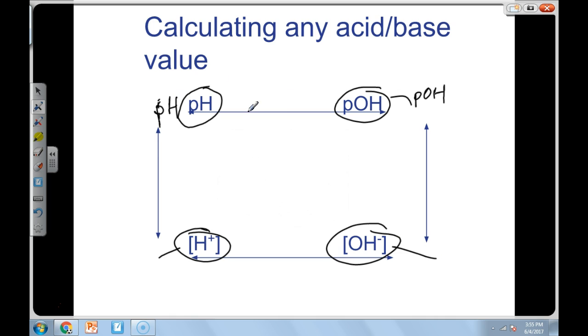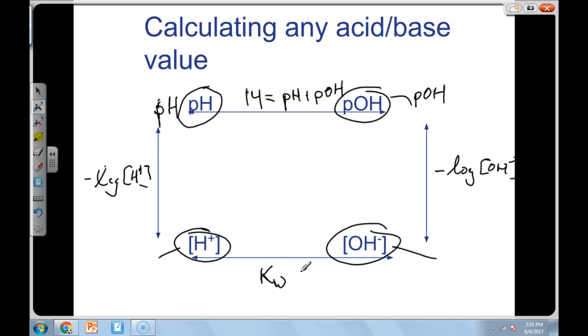So here, these guys are related because 14 equals pH plus pOH. These guys are related because it's the negative log of the hydroxide ion, and this is the negative log of the concentration of the hydrogen ion, and these two are related because Kw equals the concentration of hydrogen ion or hydronium ion times the concentration of hydroxide ion.